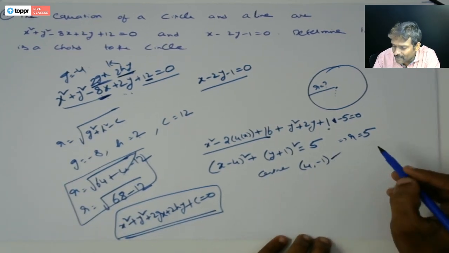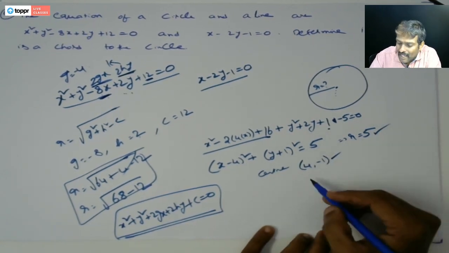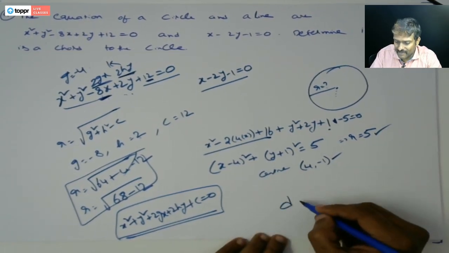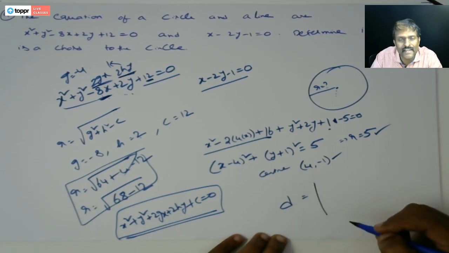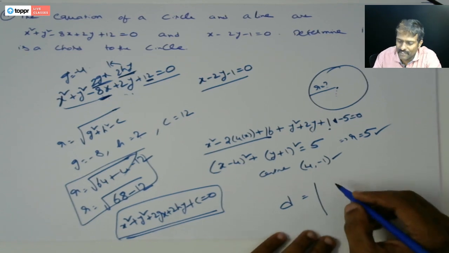So now I have the center and I have the radius, both the values I have, right? Now I can find the distance. Distance is what? We already have the formula: (ax plus by plus c) by root of (a square plus b square).